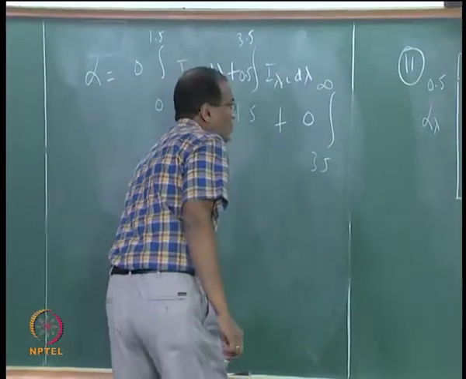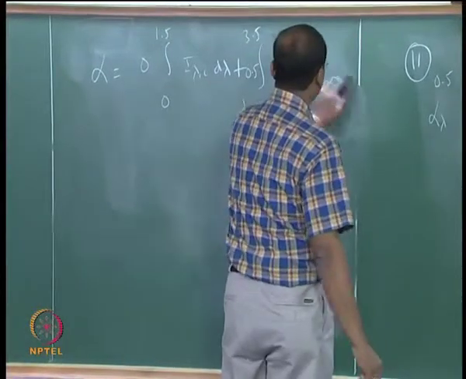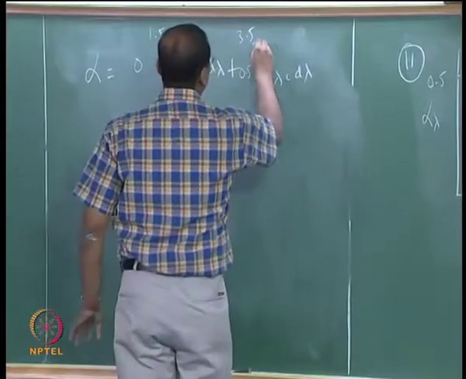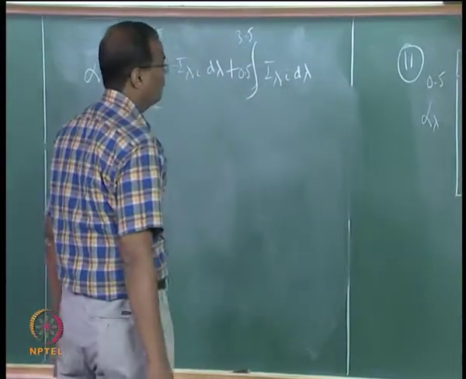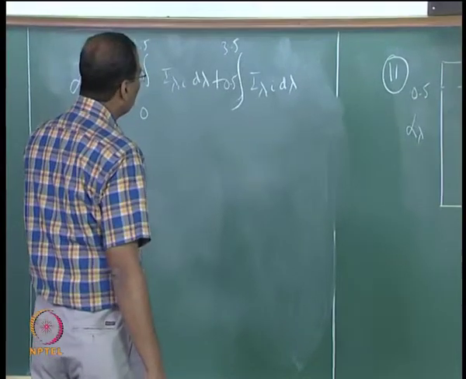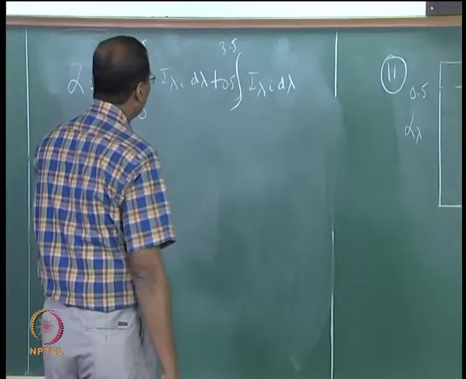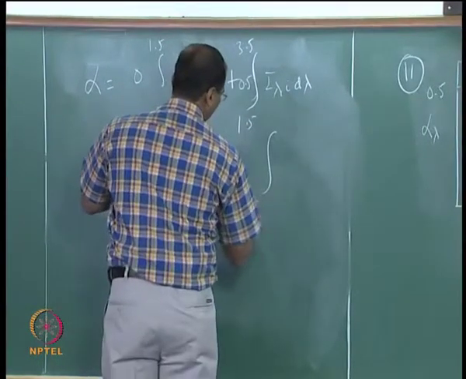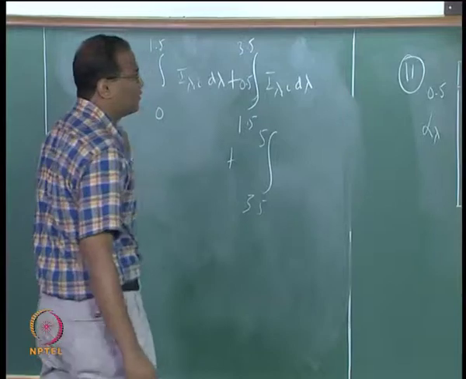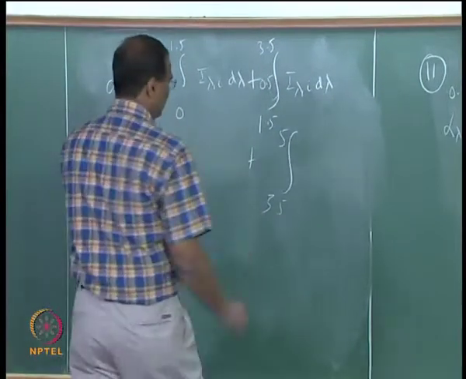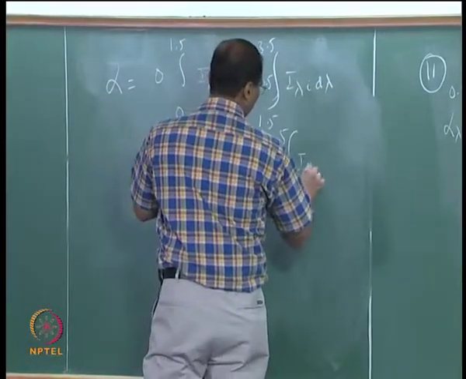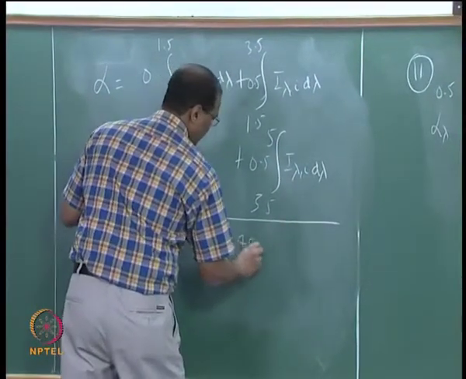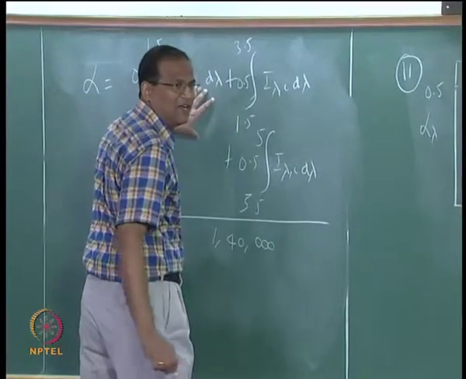Yeah, correct, 0.5, and then 3.5 to 5, again 0.5. You are not getting more than 1, right?